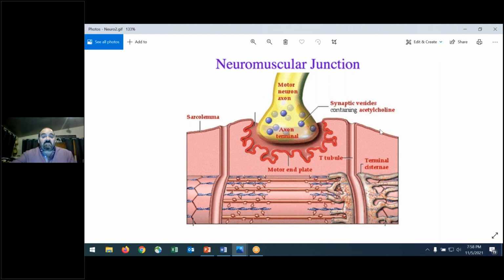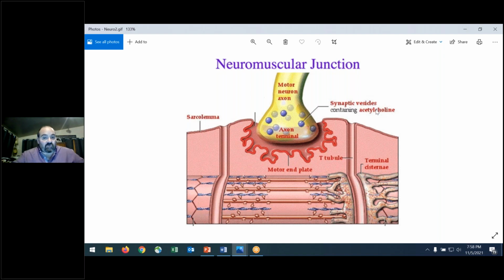A synapse just means that there's an actual communication between two different structures. Now, there can be electrical synapses like we have present in the brain, where we actually have direct connection. But in the case of the neuromuscular junction, it's a chemical synapse. So it's the chemical that passes between the nerve and the muscle to allow for communication.